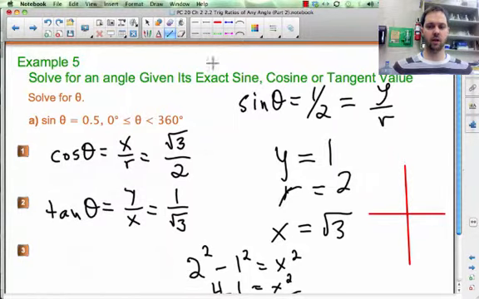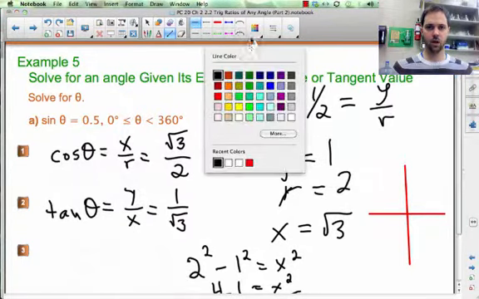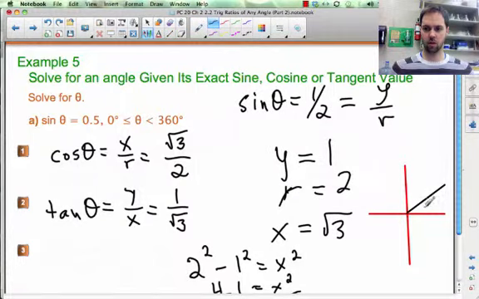So our reference angle is going to be 30 degrees because the short side will be the y value. So we have an angle here, and this would be 30 degrees.